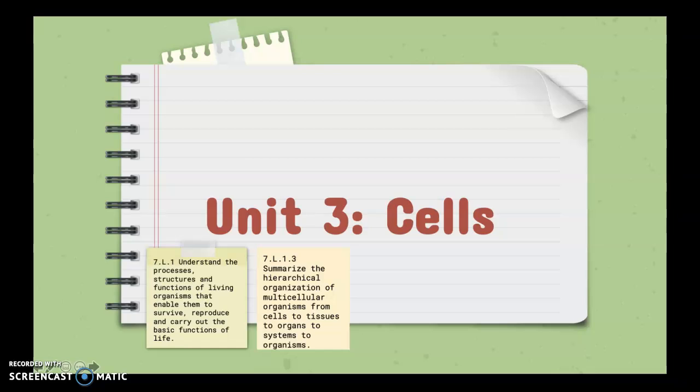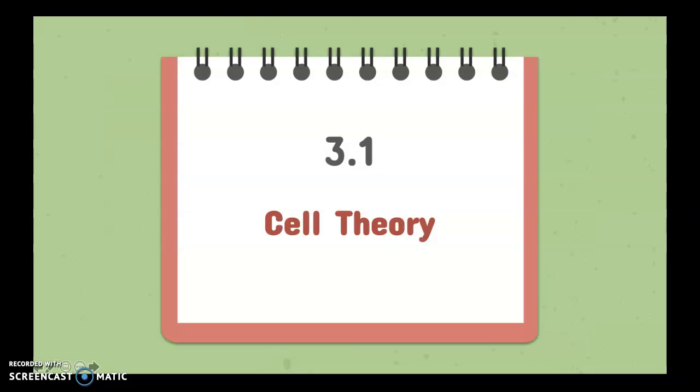Today's lesson focuses on 7L1.3, which states: summarize the hierarchical organization of multicellular organisms from cells to tissues to organs to systems to organisms. So let's get started. Lesson 3.1 is cell theory.